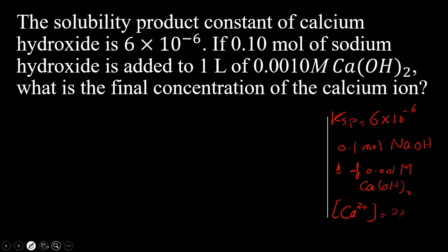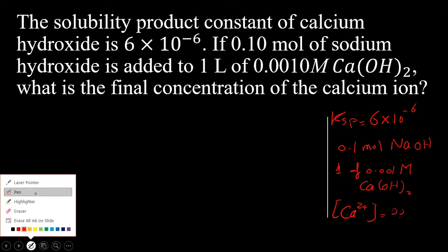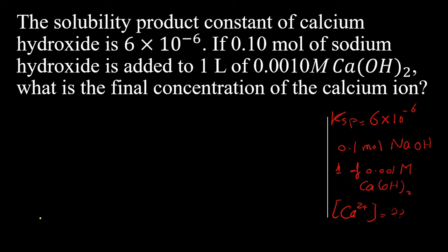Okay, the first step, you write the equation. Here you write calcium hydroxide, which forms 2 ions: calcium ion plus hydroxide ion negative 1. Here you have 2 hydroxides, so I'll put 2 here, 1 calcium, 1 calcium.